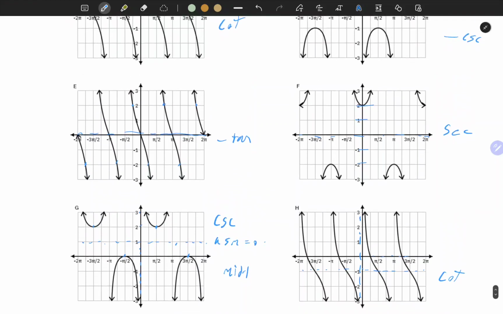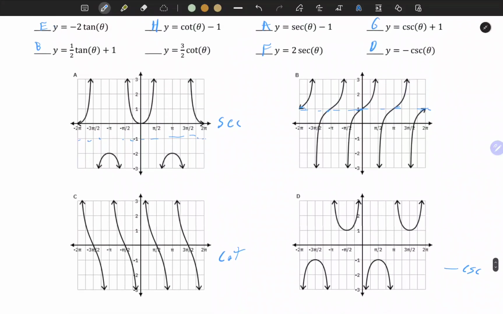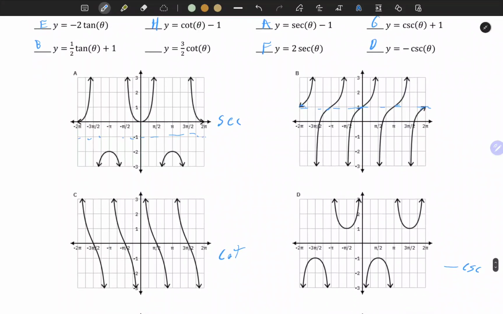Now this cotangent, where is it? This is supposed to be C, because you already know that cotangents have an asymptote at 0. So 0 plus pi goes to another pi. We have a pi here, and we go to another pi, and so on and so forth. 2 pi, negative 2 pi.